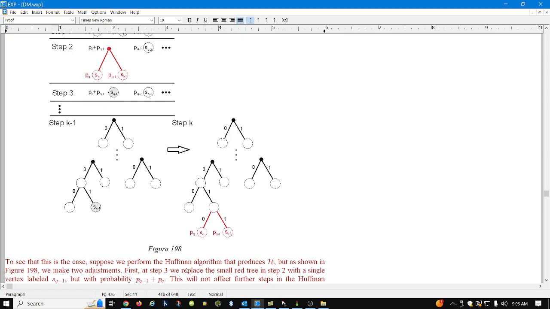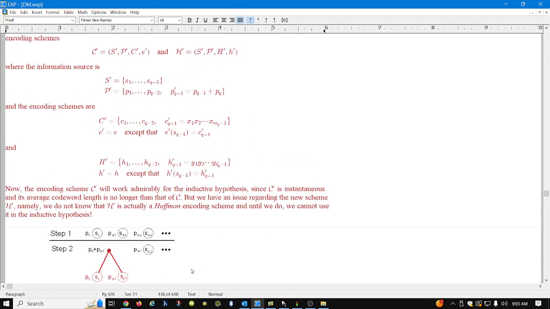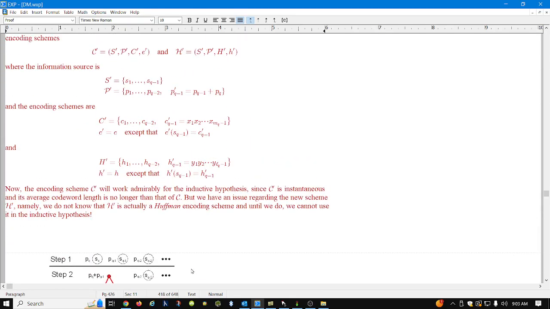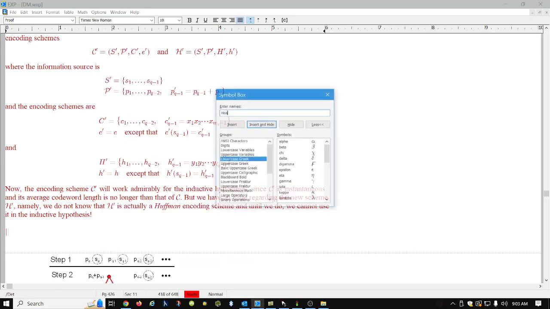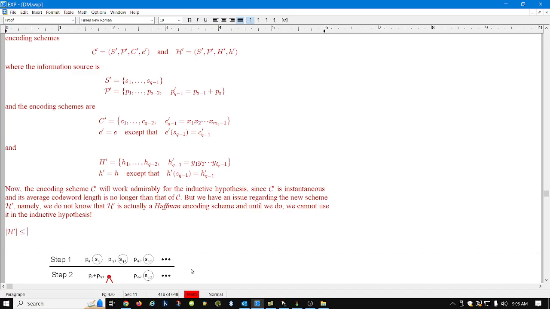To put it a little more bluntly, this is what we wish to say is true because of the inductive hypothesis, that the average code-word length of H prime is less than or equal to the average code-word length of C prime.